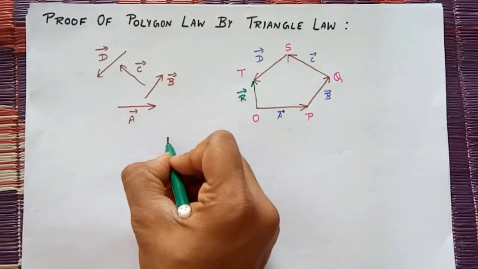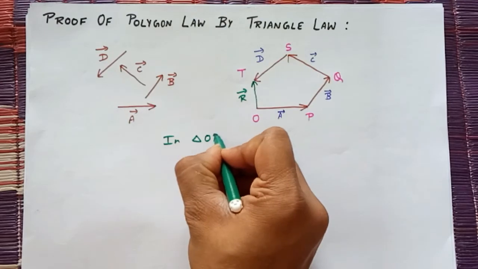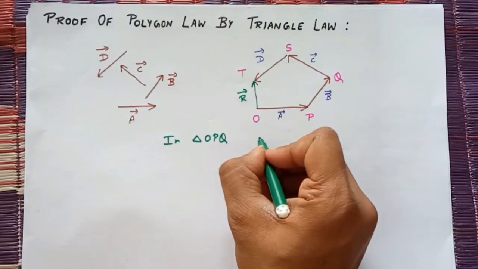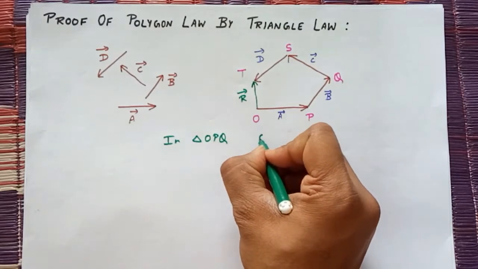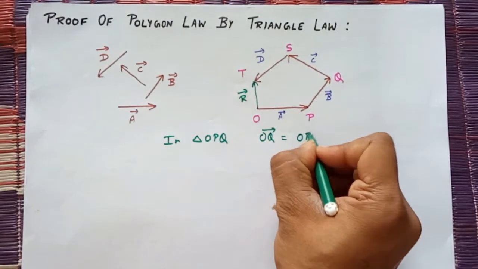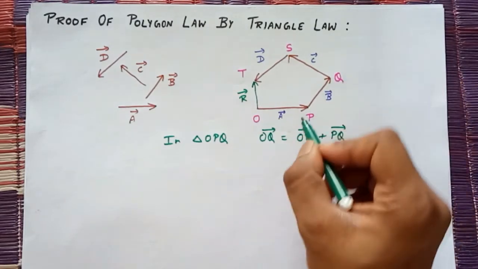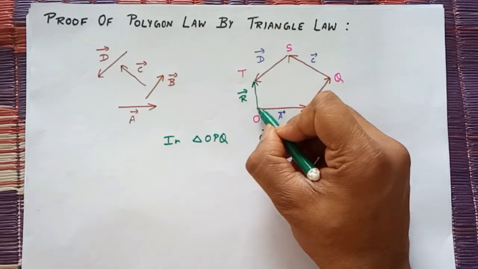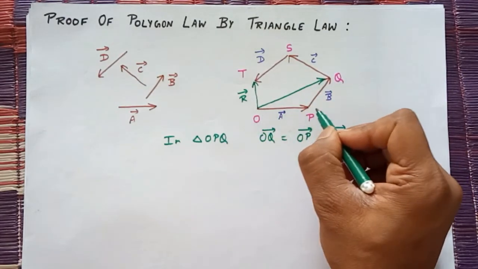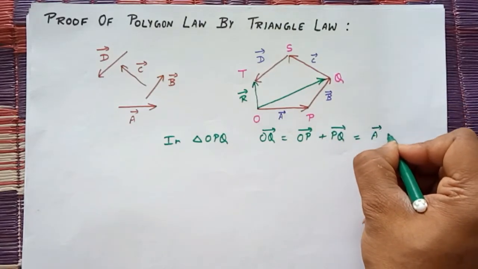So in triangle OPQ, what can I write? I can write OQ vector will be equal to OP vector plus PQ vector, or I can write it as A vector plus B vector.